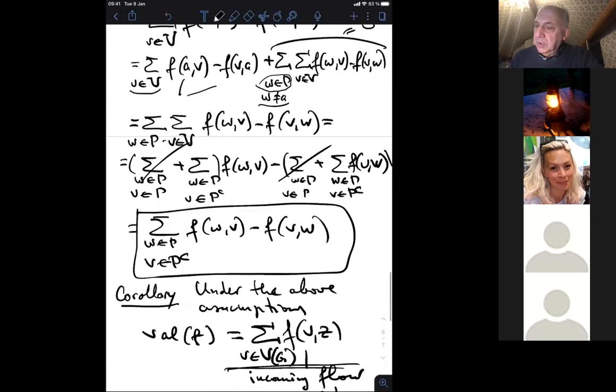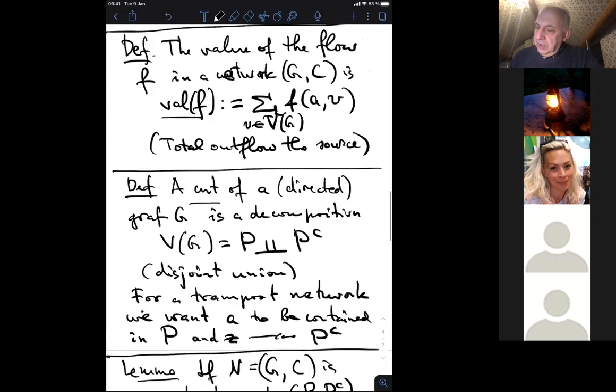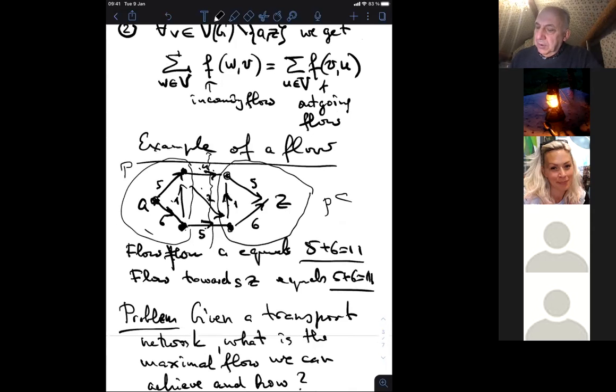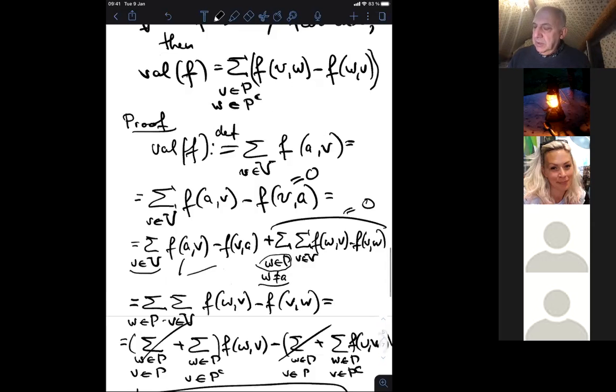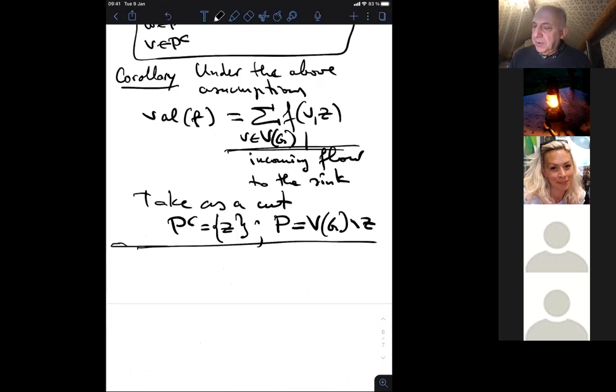And we can again look at our picture and see that the outgoing flow from A, which is 11, 5 plus 6, equals the incoming flow to Z, which is again 5 plus 6 in this situation. But actually, again, if you have any cut separating A from Z, and you count the total flow from P to P complement minus the flow back, you get the same value.